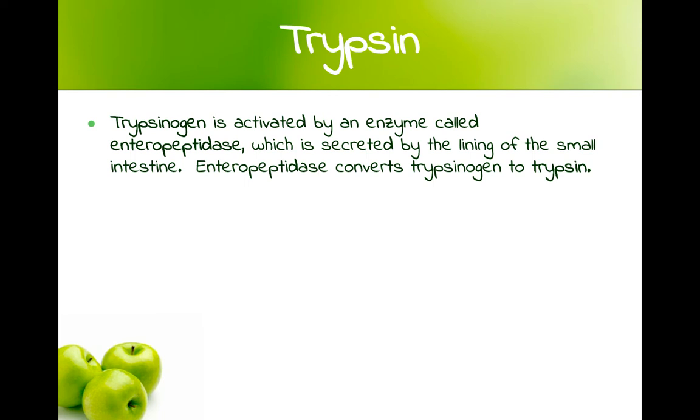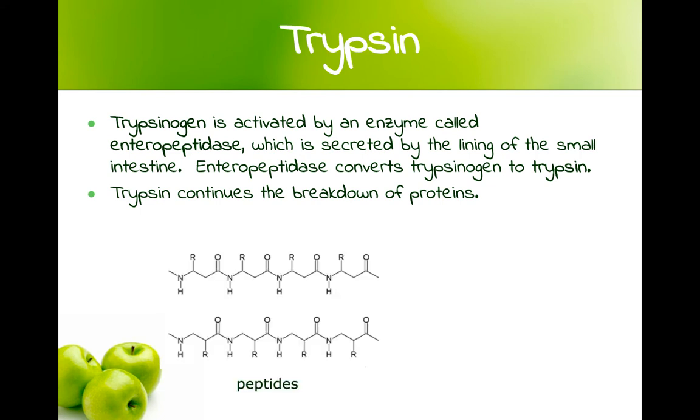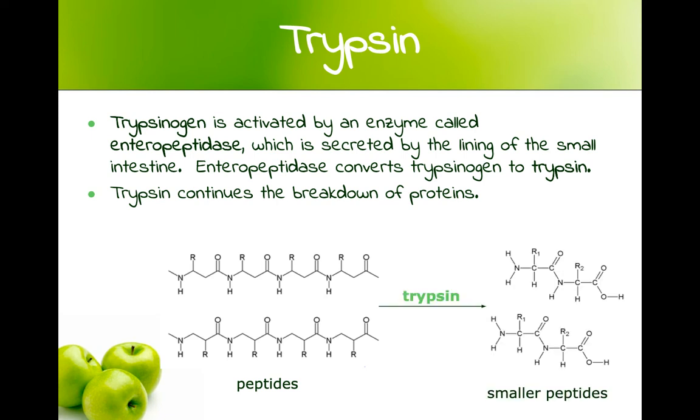Enteropeptidase converts trypsinogen to trypsin, and trypsin continues the breakdown of proteins. Pepsin has already broken the proteins into peptide chains. Now trypsin continues to break them down into smaller little peptides, maybe a dipeptide or a tripeptide. So it continues breaking down the proteins.